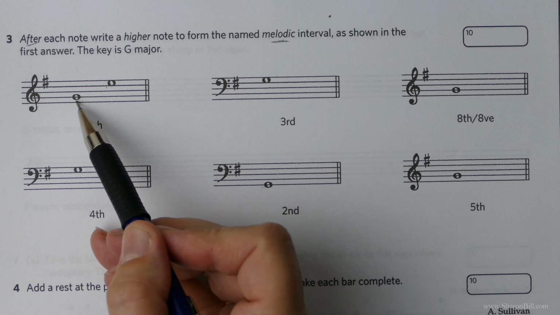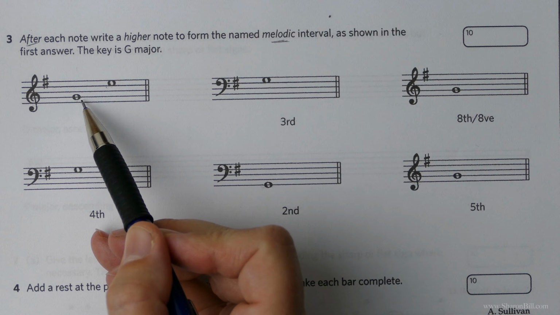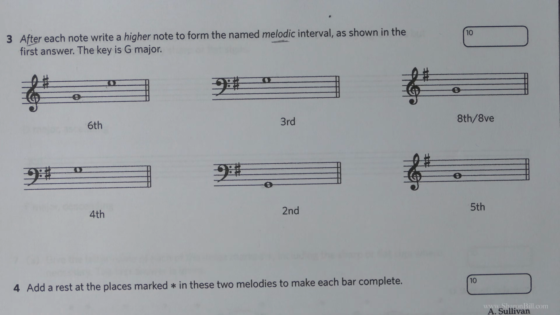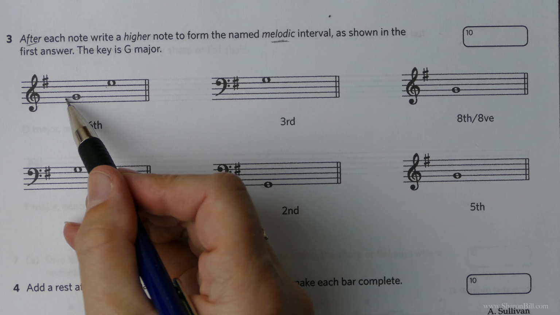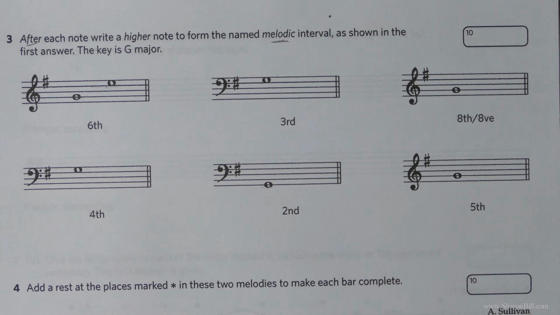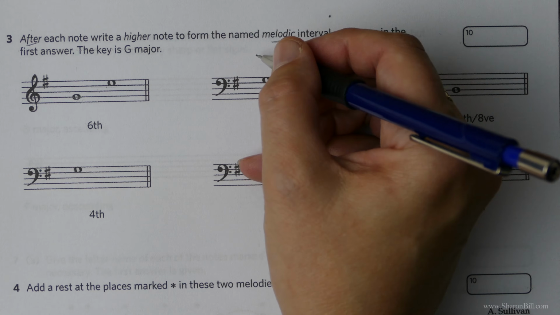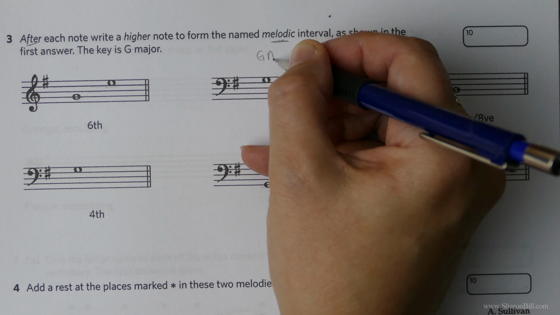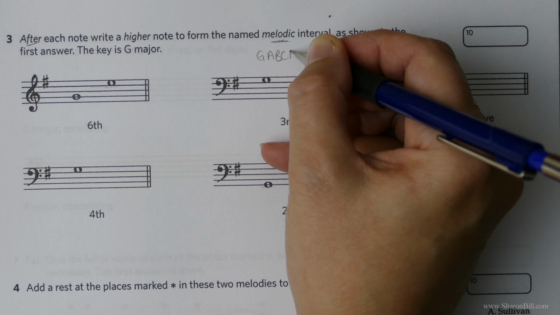We're always counting from G, and remember, counting the degrees of the scale, we're counting the first degree of the scale as note 1. So we're counting 1, 2, 3, 4, 5, 6. If you want to be absolutely doubly sure, to double check yourself, you could just sketch out on some scrap paper the steps of the scale.